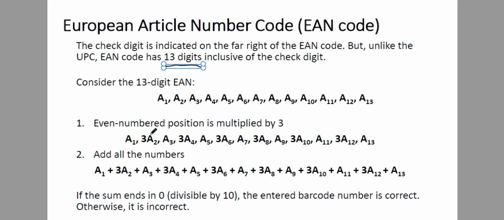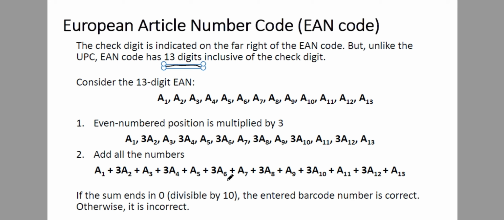So take note, we have this. So 2, 4, 6, 8, 10, 12. All of them are multiplied by 3. Okay? And the same with UPC, if we add these numbers and the sum ends in 0, therefore, it's divisible by 10.